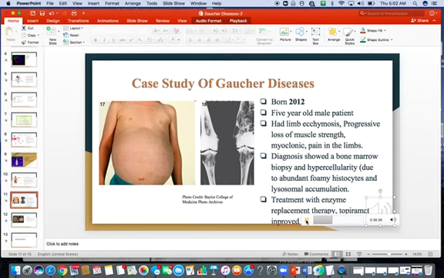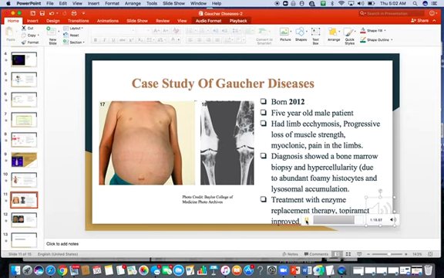Diagnosis showed a bone marrow biopsy with hypocellularity due to the abundance of foamy histiocytes and lysosomal accumulation. The boy underwent a treatment known as enzyme replacement therapy, and there were certain drugs or medications that were able to help in dealing with that situation. One of the drugs was topiramate, which improved his condition.